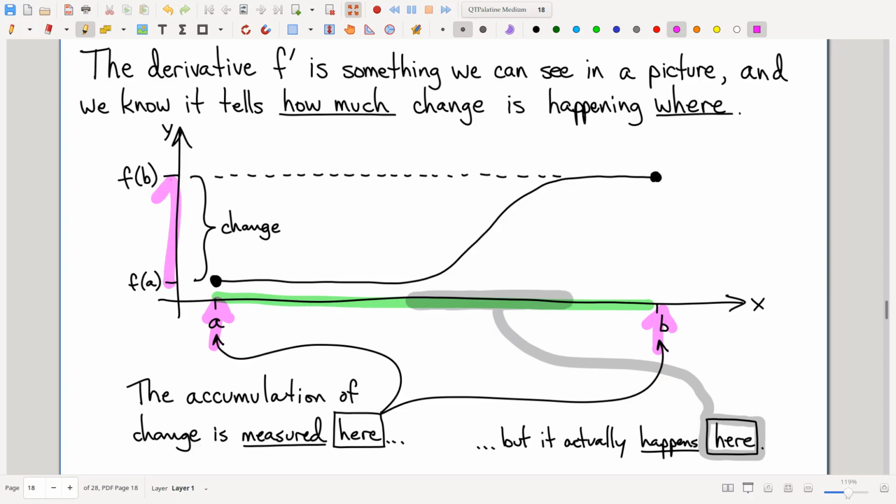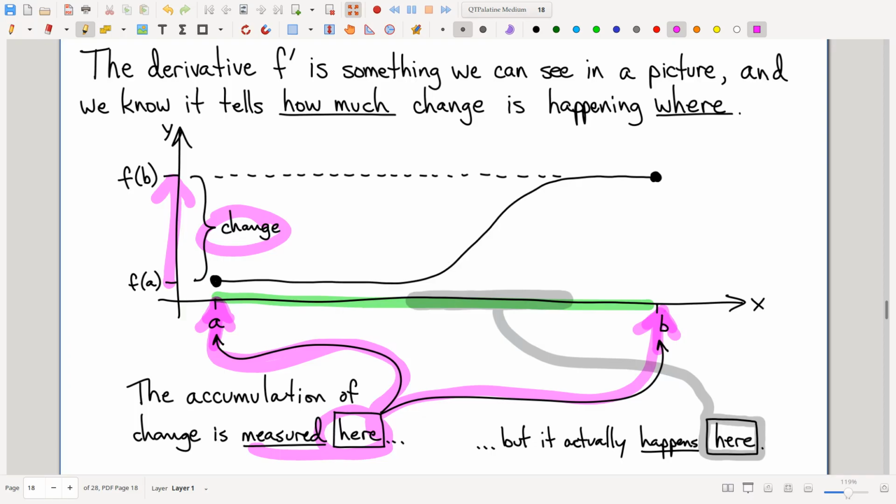Well, the function's changed by that amount right there. That's the change. How do we compute that change? Well, we compute the change by looking at the value of the function at the endpoints. Said differently, we compute the change by looking at the boundary, right? The formula for change, f of b minus f of a. It's computed by looking at b and a. That's on the boundary. Change is computed on the boundary.